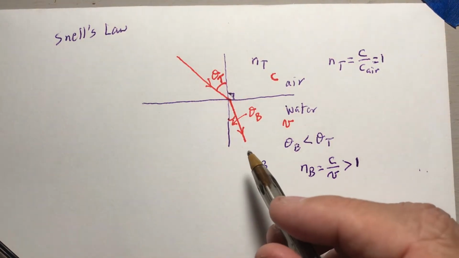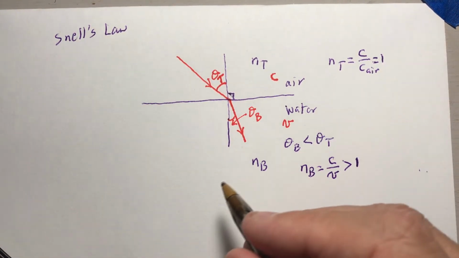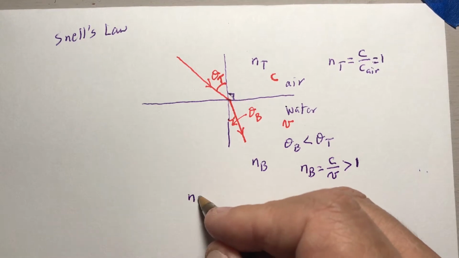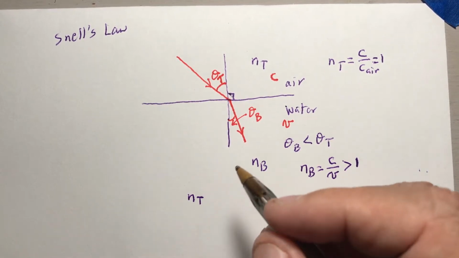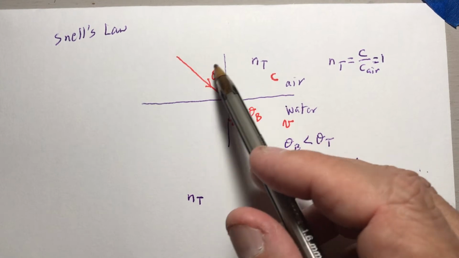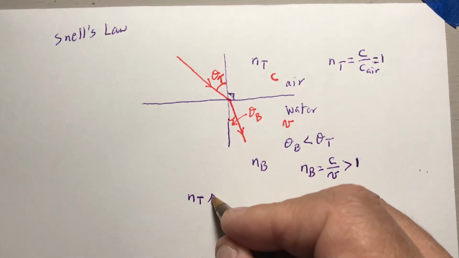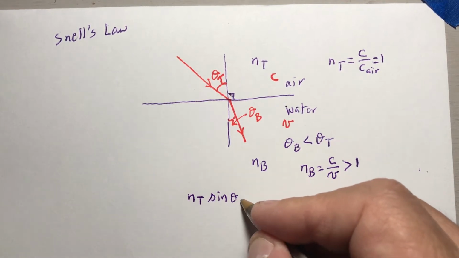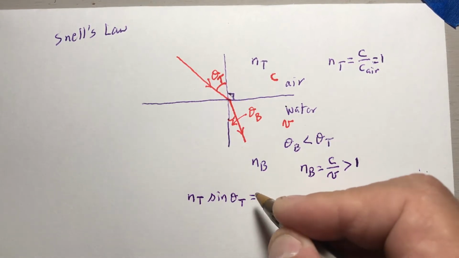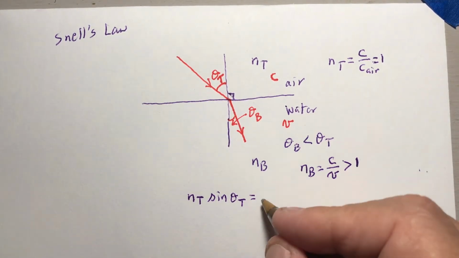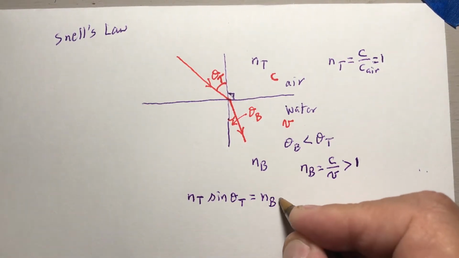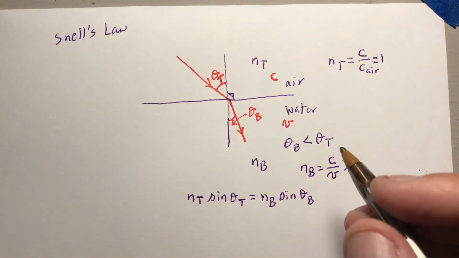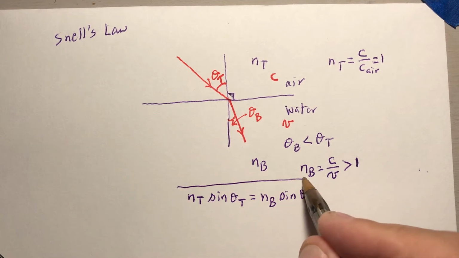Now, Snell's law says that the index, I put here, n top, the index of this medium here, times sine of the angle here, theta top, is equal to the index here at the bottom, n b, times sine theta b. So this is Snell's law.